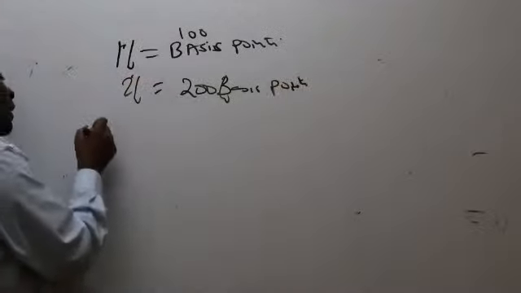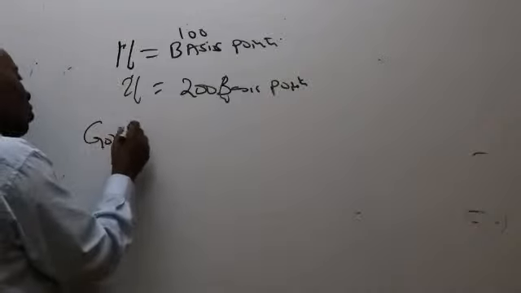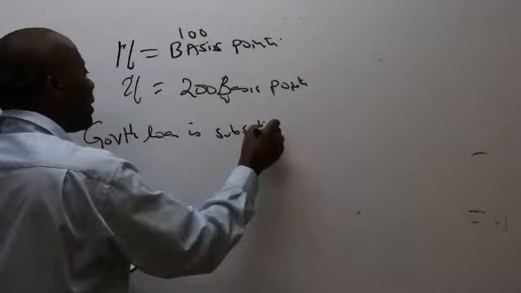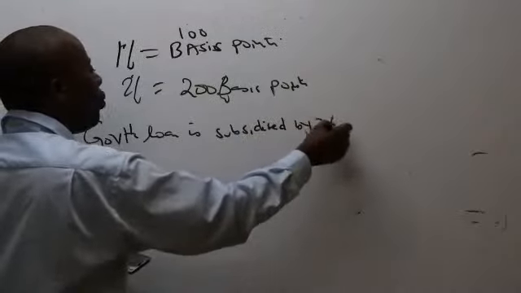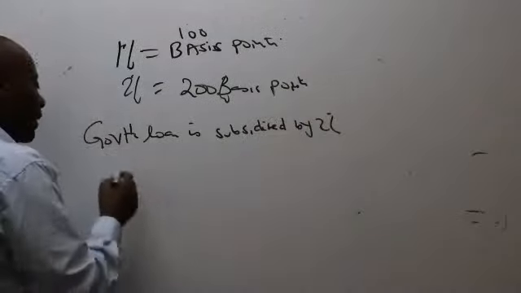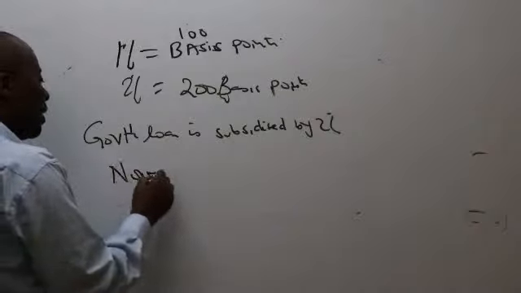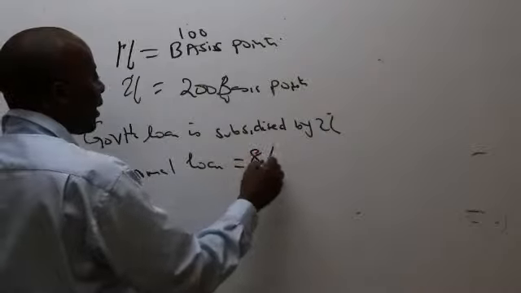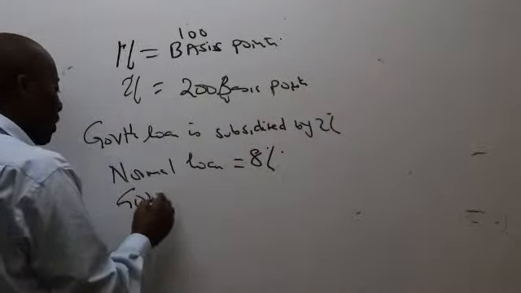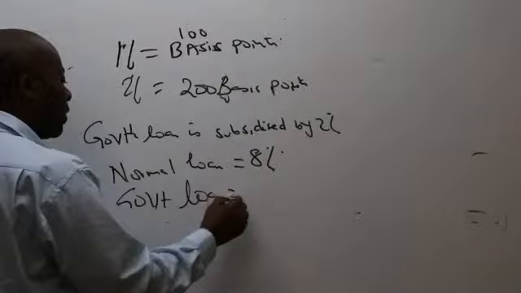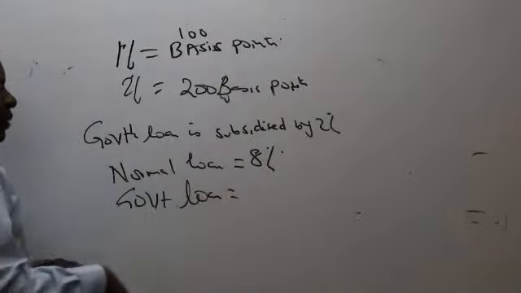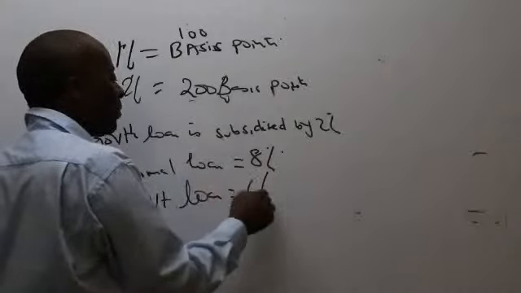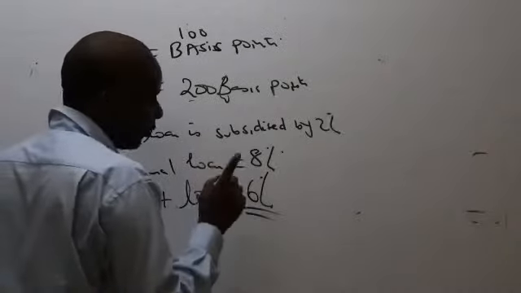So when they say that the government's loan is subsidized by 2%, it means that the normal loan is 8%. And then the government loan, which is less by 200 basis points, less by 2%, will be what here, somebody? 6%. Very important for us to know that.